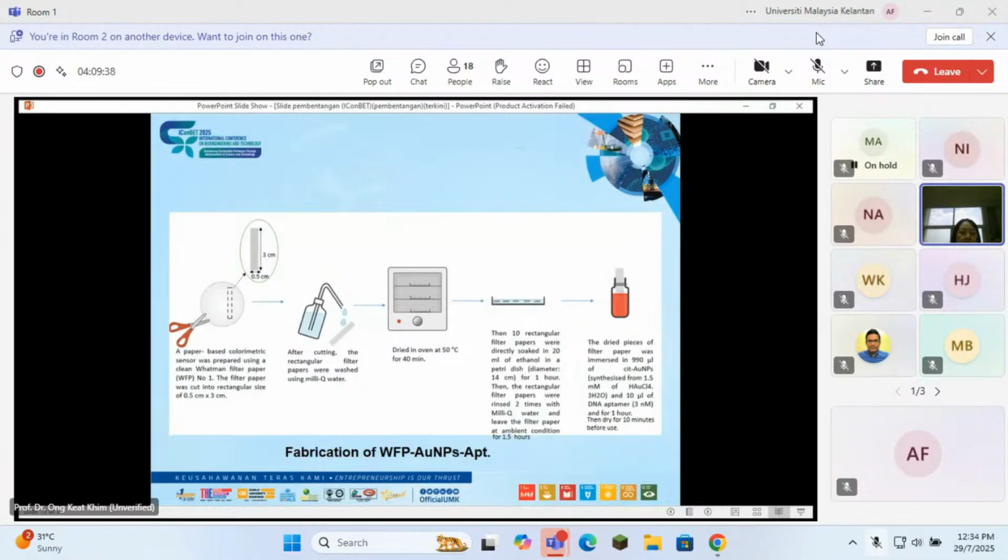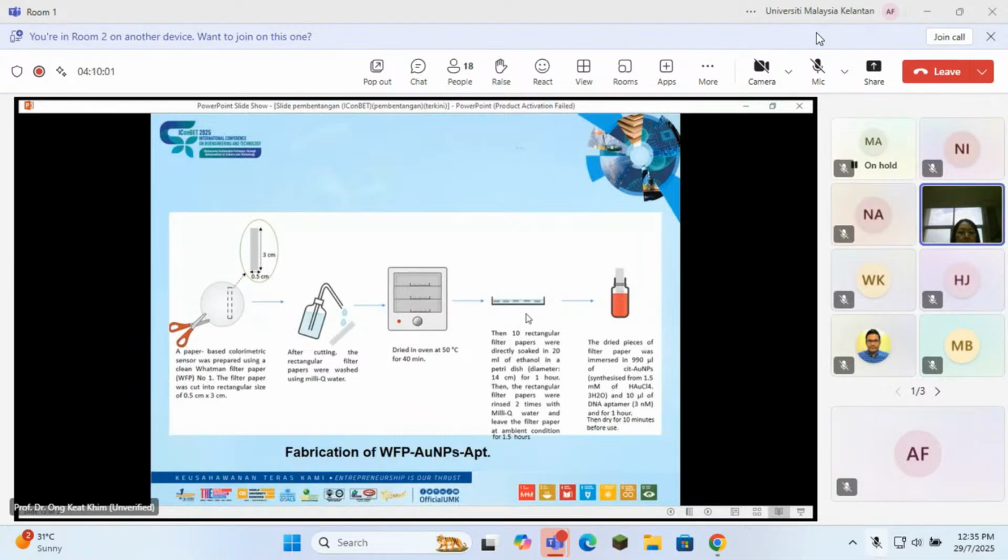This slide shows how we fabricate the ATAC sensor using Whatman filter paper. At first, we cut the filter paper into a rectangular size of 0.5 centimeter by 3 centimeter. After that, we rinse the filter paper and dry it at 50 Celsius for 40 minutes.